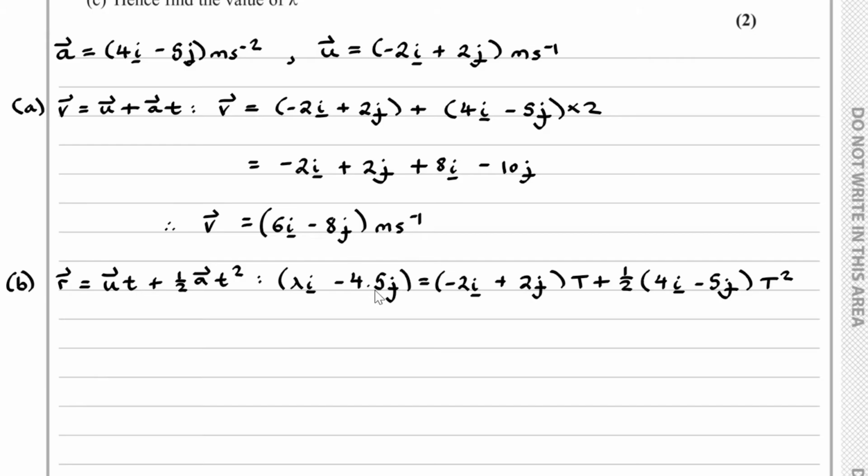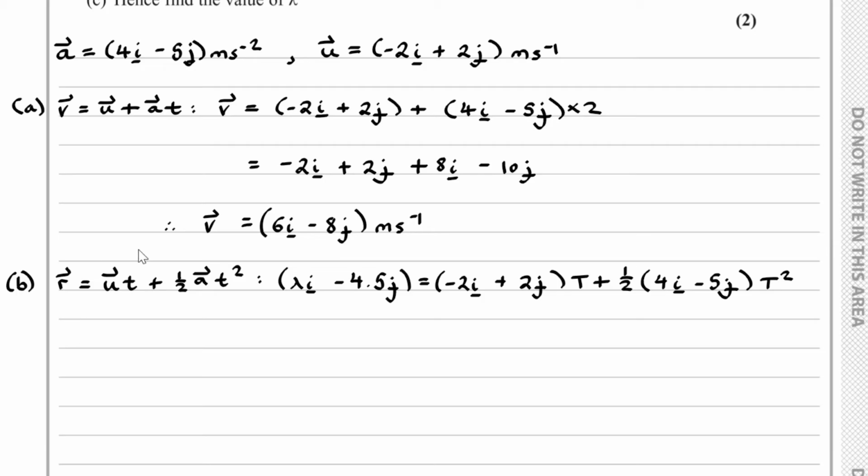Now, for this to be true, we can find out the value of T which makes the j components true, and then substitute that into the i components to find out what lambda is.